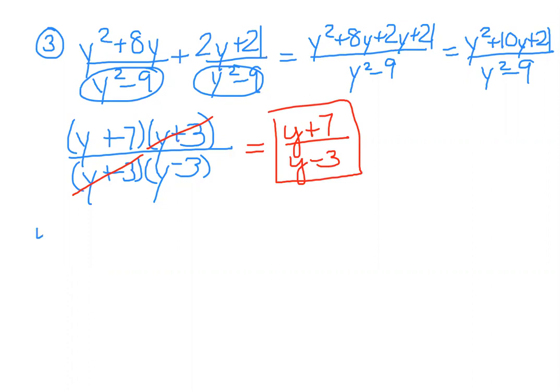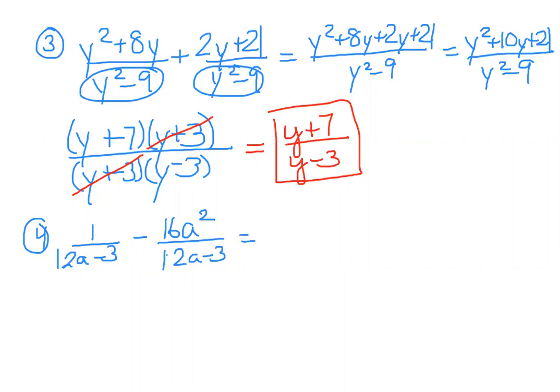Okay, let's look at number 4. 1 over 12a minus 3 minus 16a squared over 12a minus 3. So we've got the same denominator, 12a minus 3.